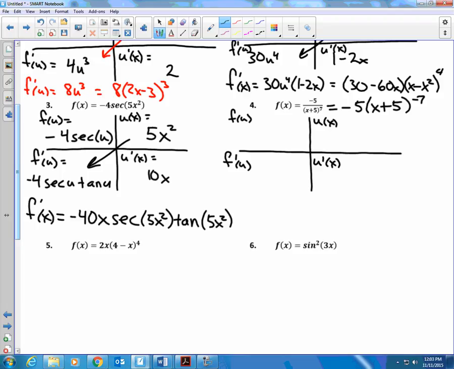What is u of x? X plus 5. What is f of u? Negative 5 u to the negative 7. What's the derivative of negative 5 u to the negative 7?